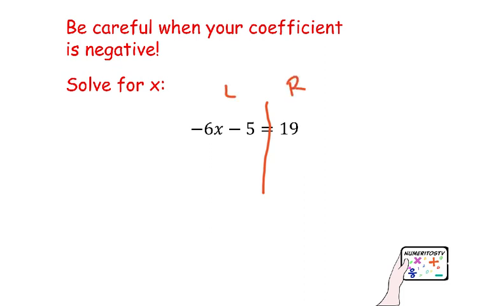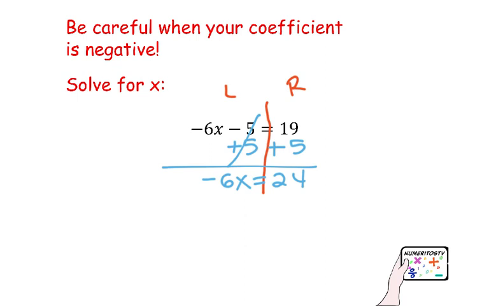I get rid of that negative 5 or minus 5 first because I'm following the inverse of order of operations. So I will add a 5 to get rid of it. Don't forget your balance. So I do the same thing in the other side. So in the left side, I have negative 6x equals 24.